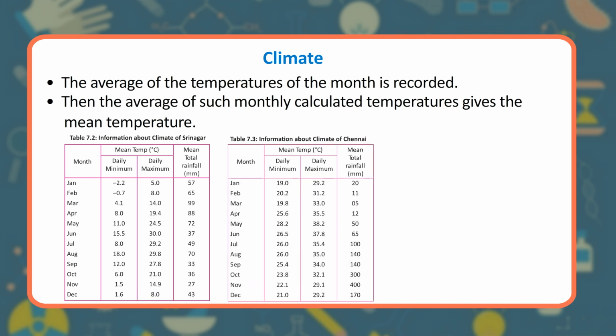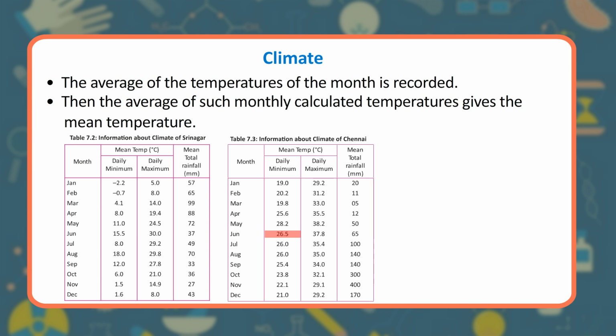Table 7.3 Information about climate of Chennai. Month, mean temp in degrees Celsius: daily minimum, daily maximum, mean total rainfall. Jan: 19.0, 29.2, 20. February: 20.2, 31.2, 11. March: 19.8, 33.0, 05. April: 25.6, 35.5, 12. May: 28.2, 38.2, 50.